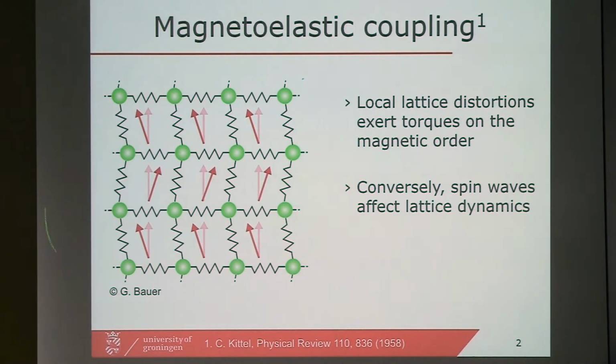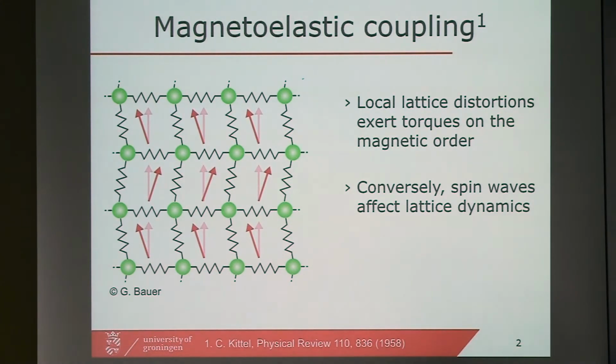This is a really super simple illustration that I stole from Gerrit Bauer. Imagine a lattice of atoms which all carry a spin. If an acoustic wave passes through this lattice without any magnetoelastic coupling, the atoms just move like this without changing their spin direction.